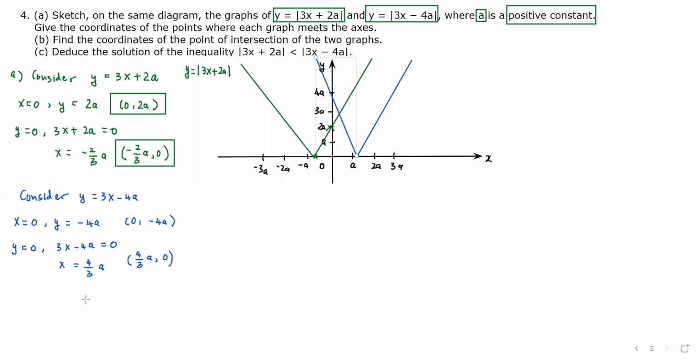So this part here, instead of negative 4a, we are going to have 0 and 4a as the y-intercept. And this blue graph is the modulus of 3x minus 4a. So the y-intercept that we have is 0, 4a, and the x-intercept is 4/3 a and 0. That gives you the x and y-intercept for the graph.